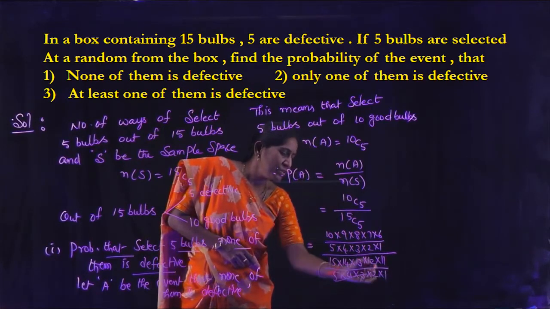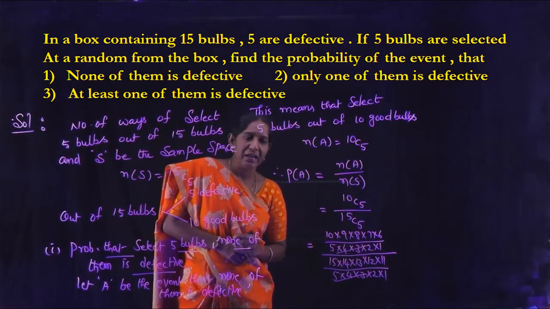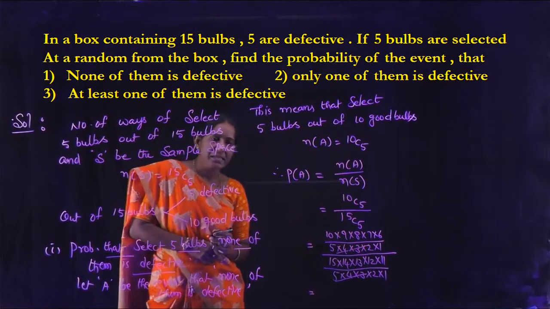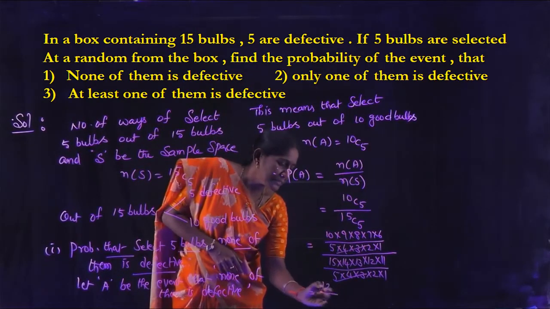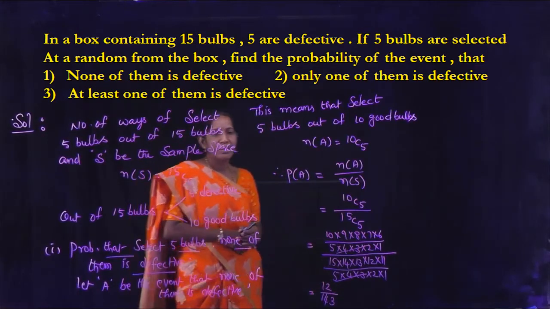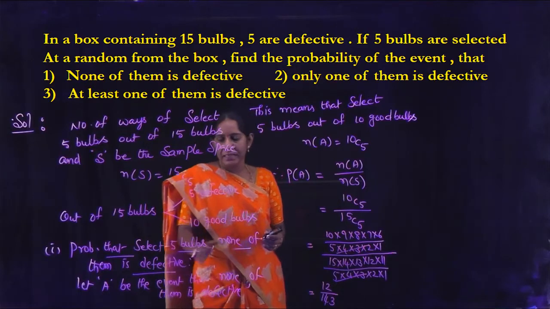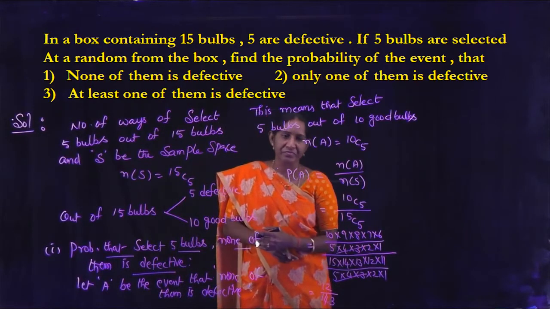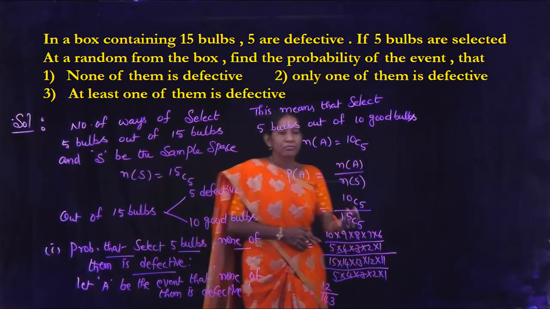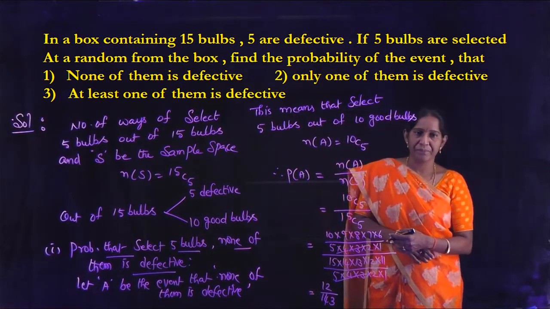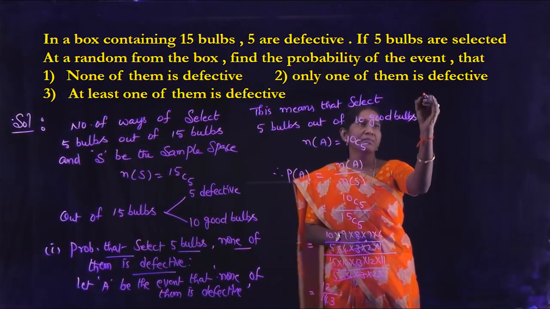The 5 into 4 into 3 into 2 into 1 gets cancelled. By doing cancellation in the remaining part, we get the value 12 by 143. Therefore, the probability that none of the 5 selected bulbs is defective, P of A, is 12 by 143.